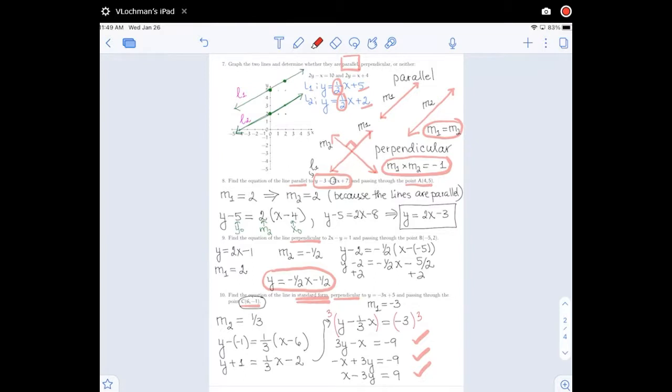It's not incorrect to leave it with a fraction, and if you're good with fractions, then that's fine, unless there are instructions on homework. Sometimes they will say, make sure your coefficients are integers. Then yes, you would need to clear the fractions. Okay, does that make sense, Jeremy? Yes?